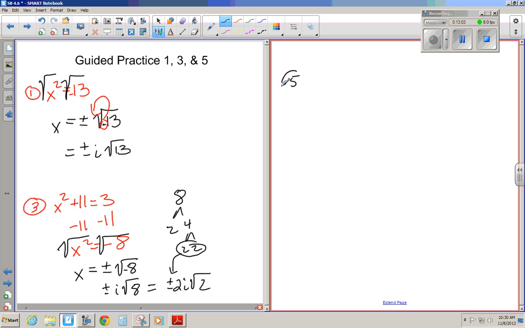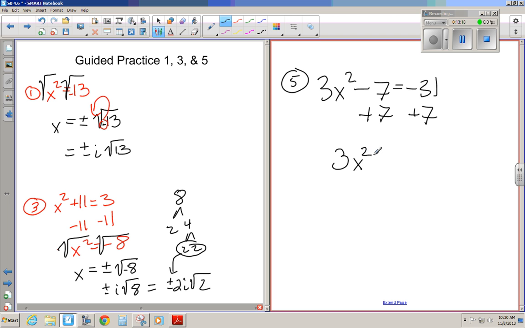Number 5 has a few more steps this time. Let's add 7 to both sides. Negative 24. Let's divide by 3 because we still have to get the power by itself.